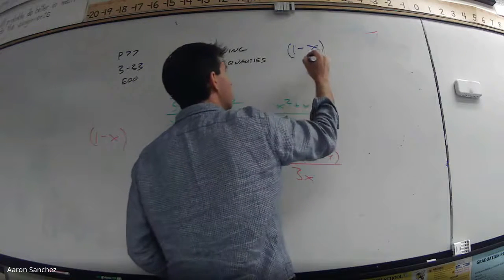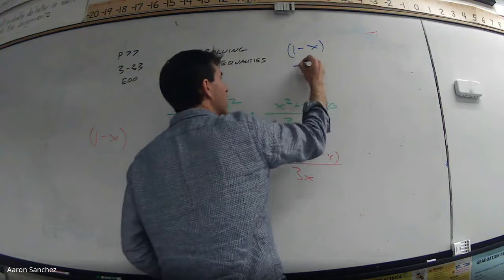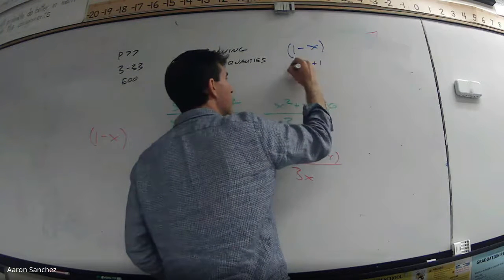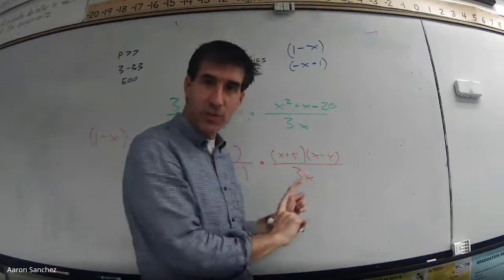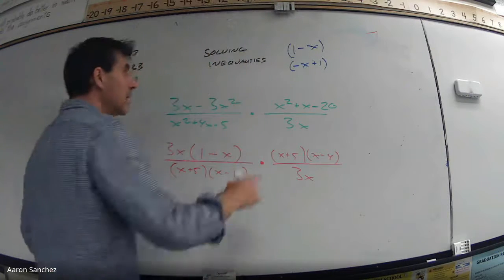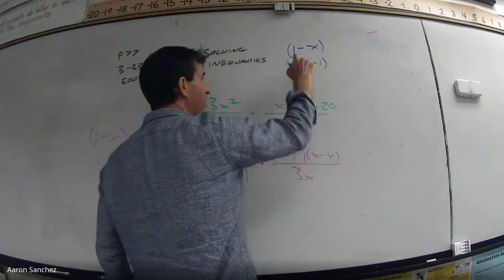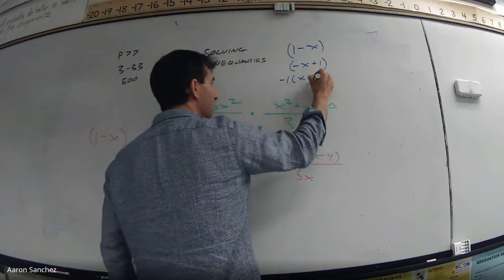I like the x in front. Notice the negative goes in front of the x, though. Negative x plus 1 is the same thing. I flipped them, so I put the x on the left and the 1 on the right. Notice the 1 is positive and the x is negative. I also don't like this negative, so let's factor out a negative and make this -1 times x minus 1.